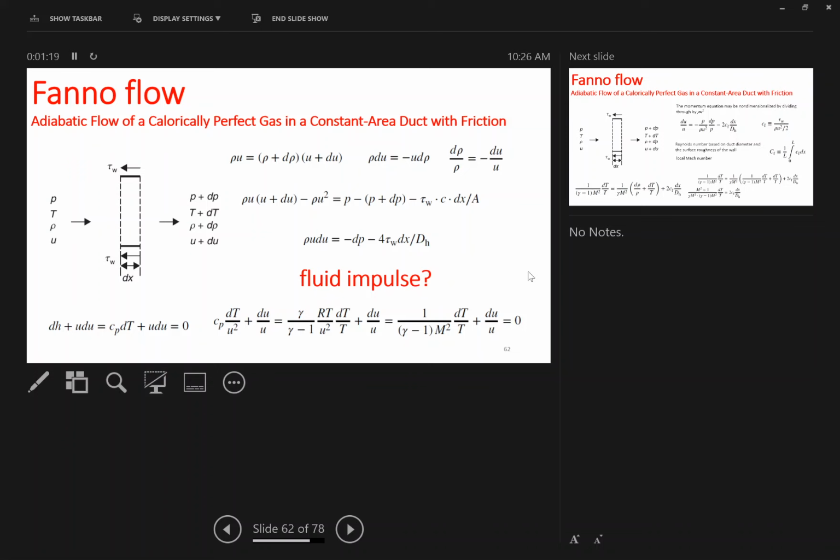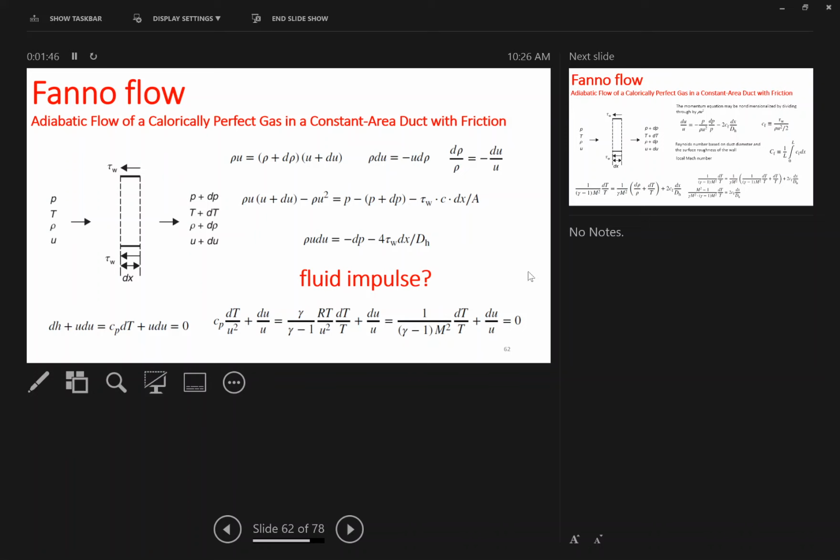Momentum equation, the difference between the Rayleigh flow and this flow, as far as the momentum equation goes, was the friction term. So you have an additional force acting on your flow, which will result in the fluid impulse being different at the inlet and the outlet. So we won't have any conservation of the fluid impulse, right?